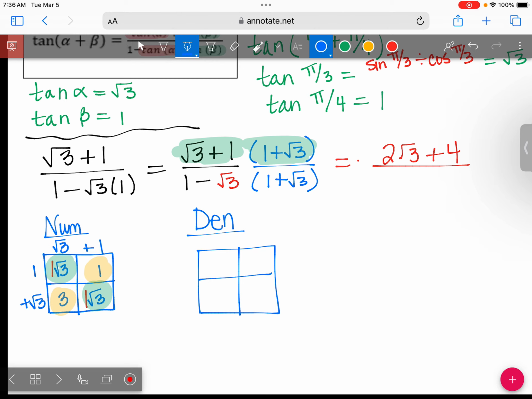So you're going to take 1 minus the square root of 3 times 1 plus the square root of 3. Go ahead and fill in all 4 squares.